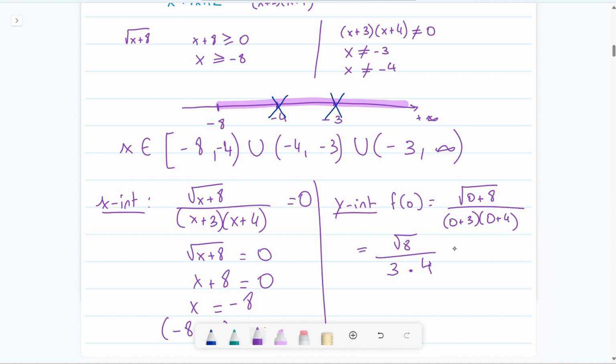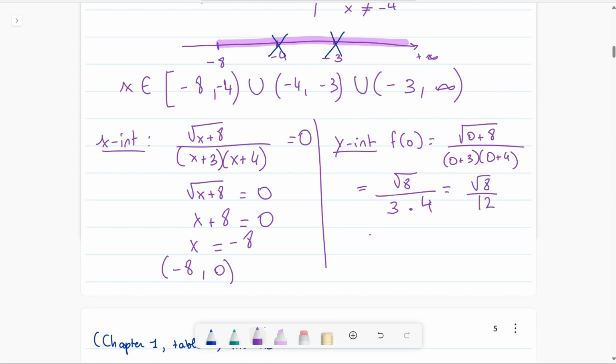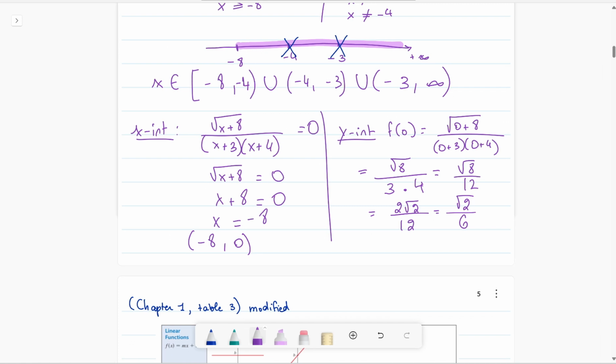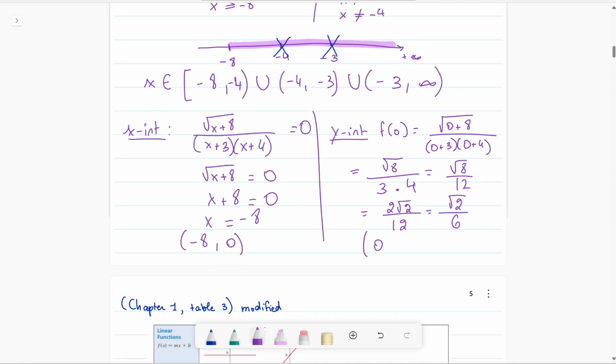So this is square root of 8 divided by 12. We can write square root of 8 as 2 square root of 2 divided by 12. So this can give us square root of 2 divided by 6. So our y-intercept would be 0, square root of 2 over 6.